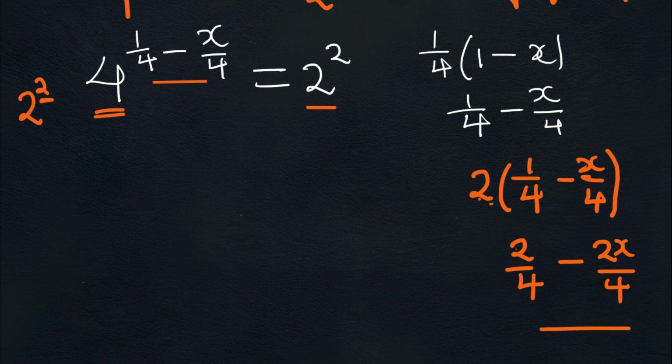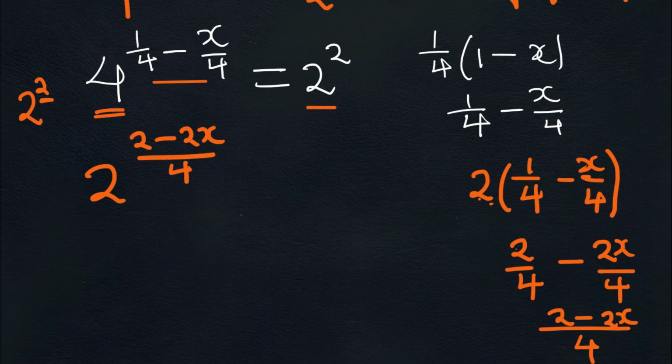We have got the same denominator, so it's just going to be 2 minus 2x. So our next step will therefore be 2 to the power of 2 minus 2x all divided by 4, and we equate this to 2 to the power of 2.